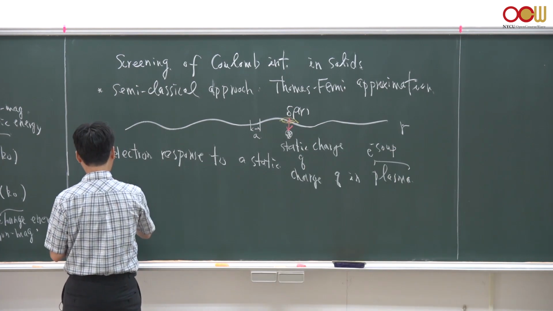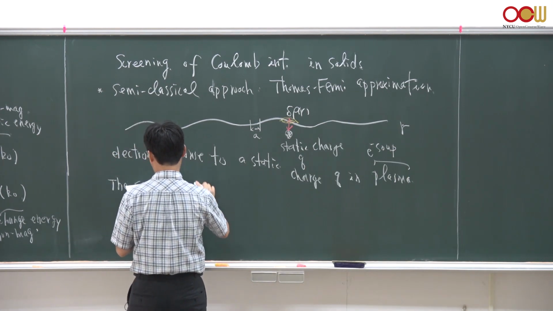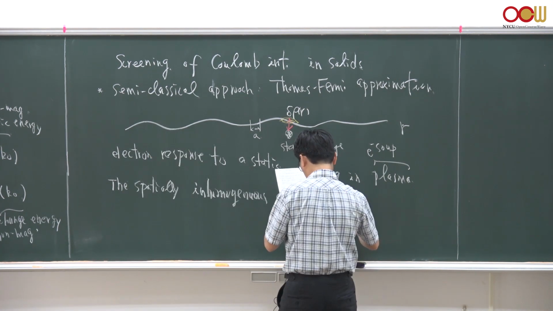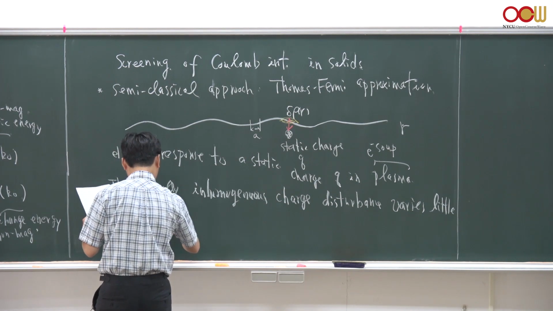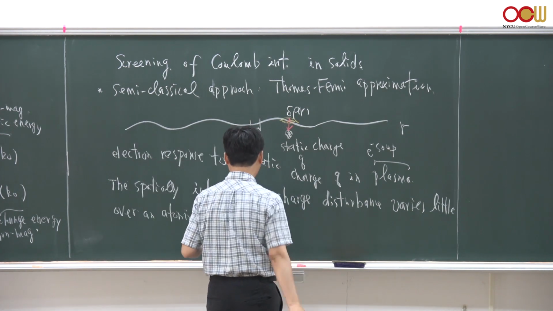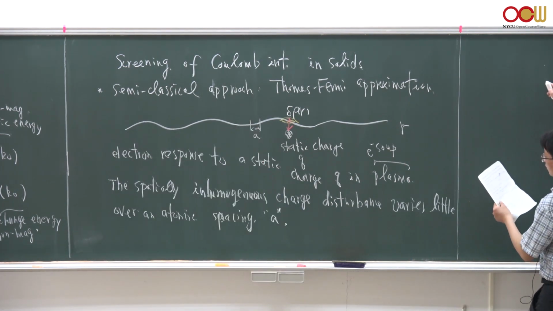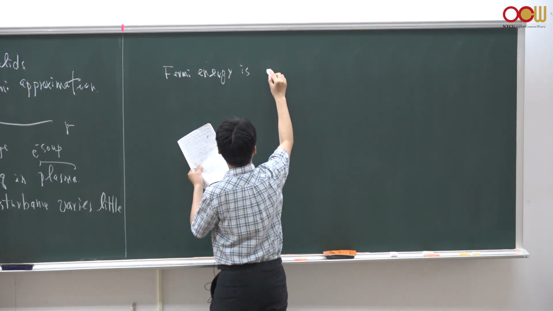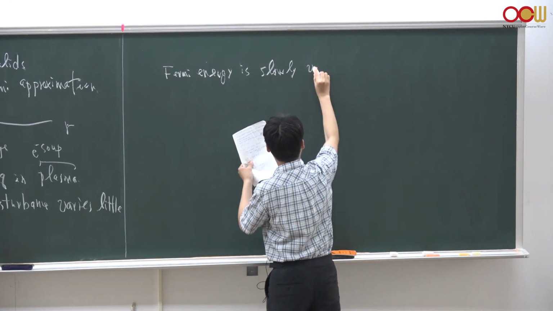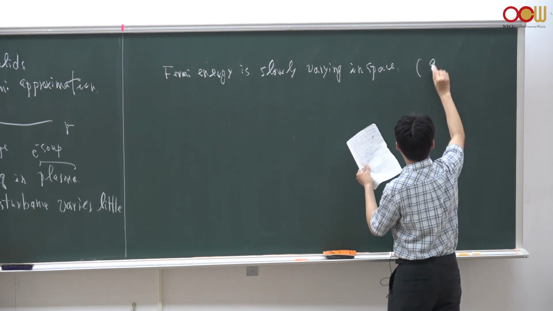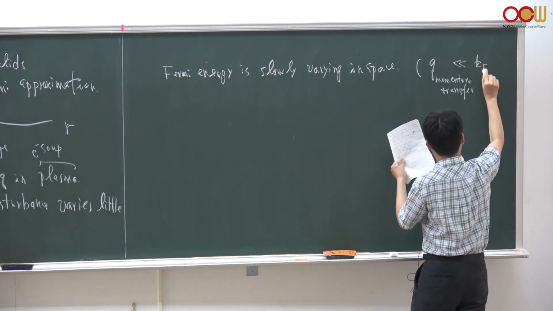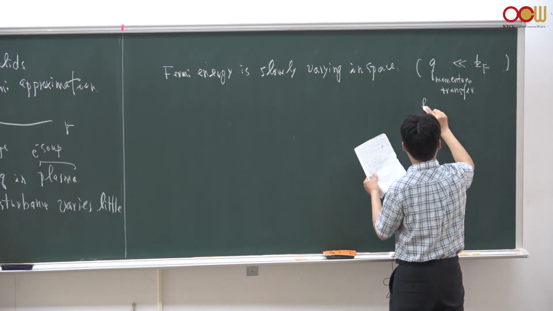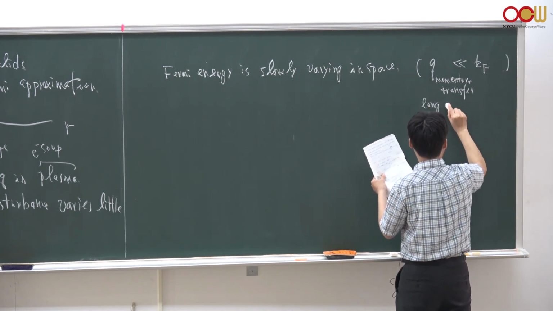So the spatially inhomogeneous charge distribution, kind of a disturbance, varies very little over an atomic scale spacing, A. And the Fermi energy is also slowly varying in space, which means that this momentum transfer is actually much smaller than the Fermi momentum, or the long wavelength limit.